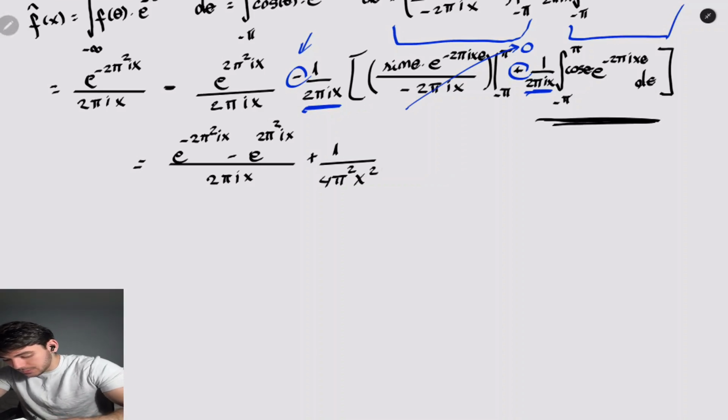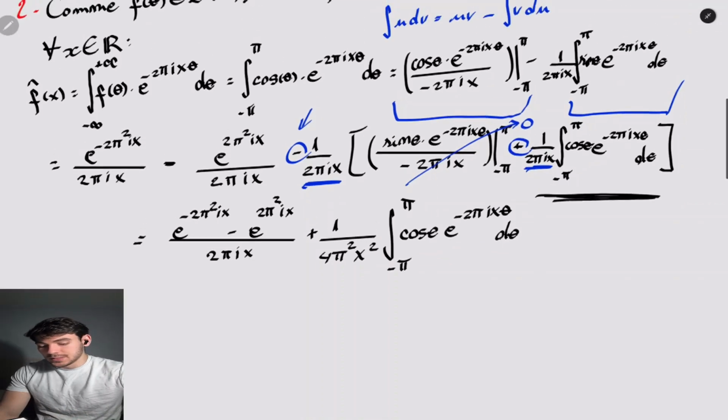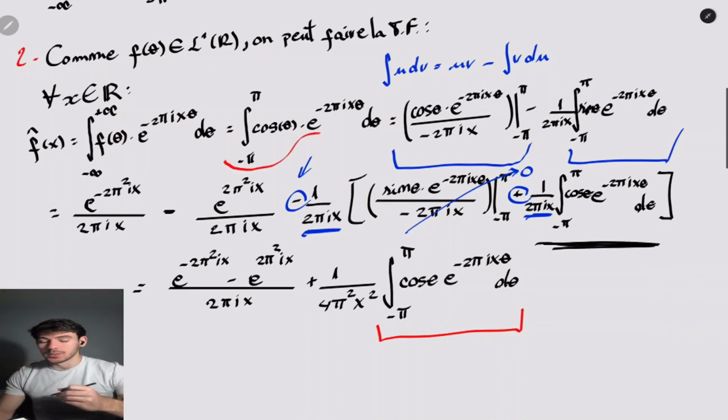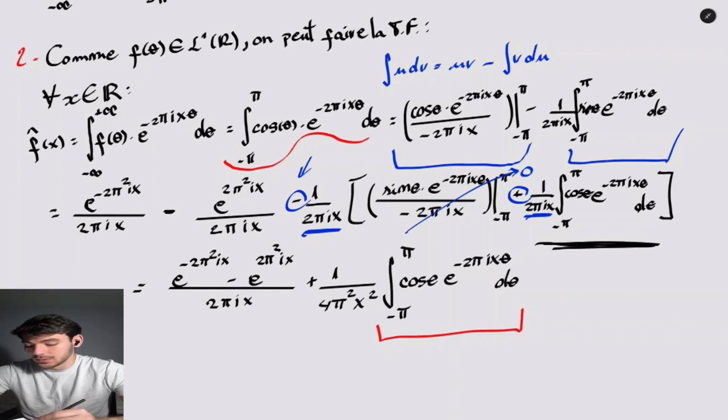And then we'll have the integral from minus pi to pi of cosine of theta exponential of minus 2 pi ix theta d theta. So if we look into it, that's exactly the integral that we were trying to integrate at the beginning. So now we have an equation and we can isolate the integral and reach its final value.